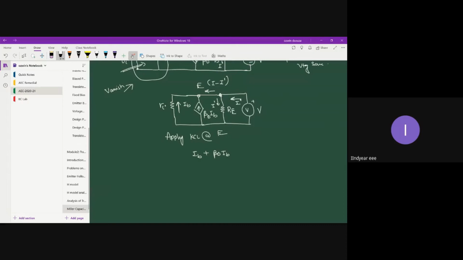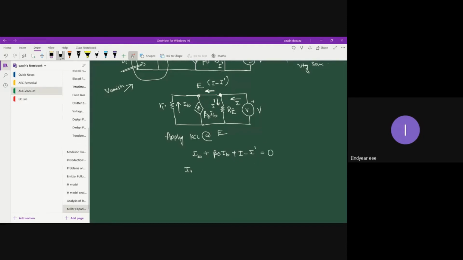Because this current I meets at this node and is going to divide into two components: I dash through RE and some component through this straight path. That current you can find using KCL, which is main current minus the branch current, so I minus I dash. So here, let me directly write plus I minus I dash is equal to 0.